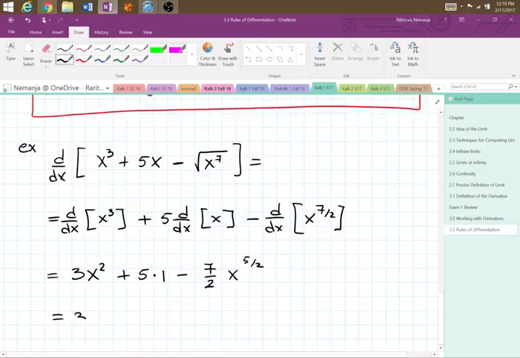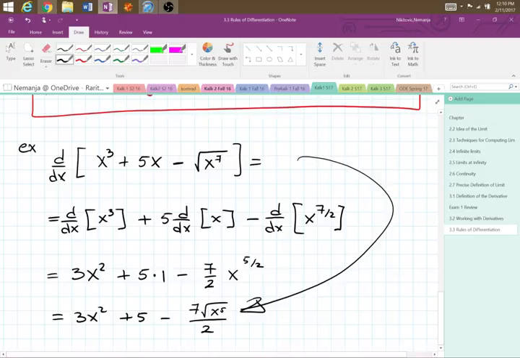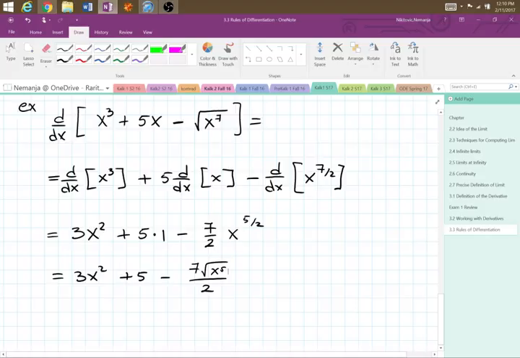So what's the answer? It's 3x squared plus 5 minus 7 square root of x to the 5 over 2. And as I said, it's fine to go from here directly into the answer starting next Saturday. You have a week to enjoy 10,000 homework examples and then go right into this.